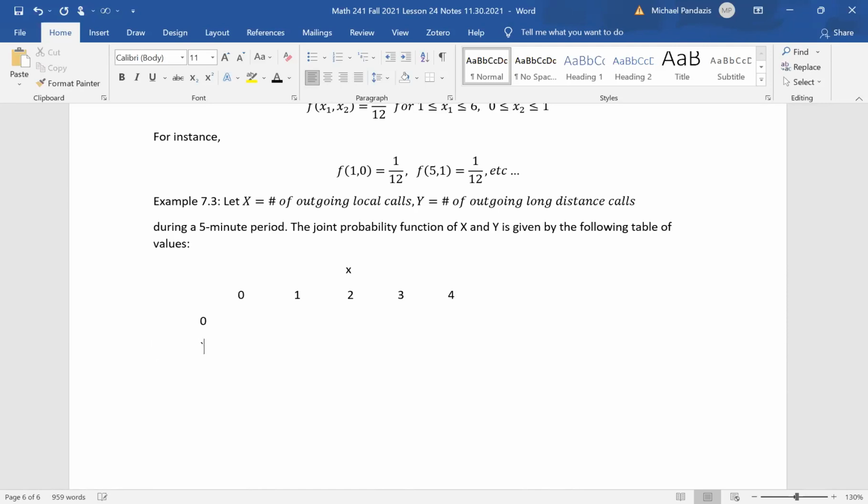This is y equals 1. This is y equals 2. Okay, so those are values of x and values of y. And so here we have 0.23, 0.23, 0.11, 0.04, 0.01. And so I'm just going to fill in the rest of the table.